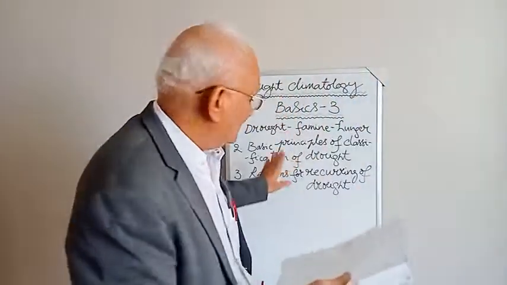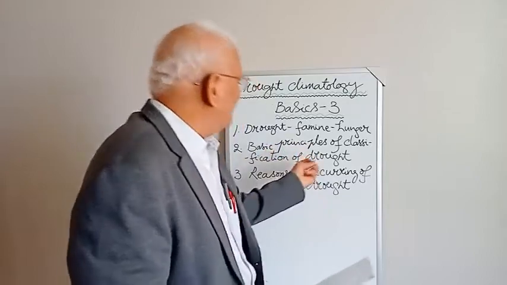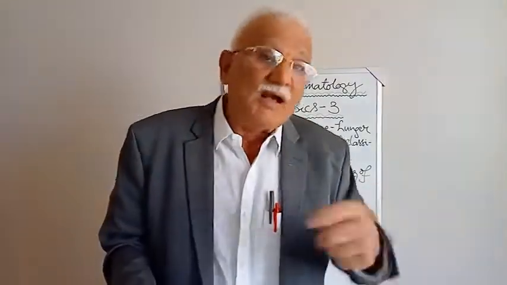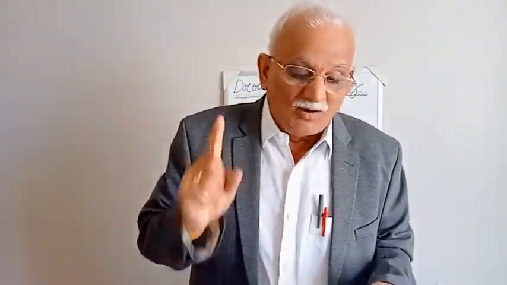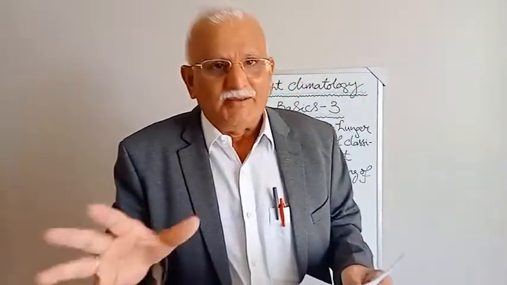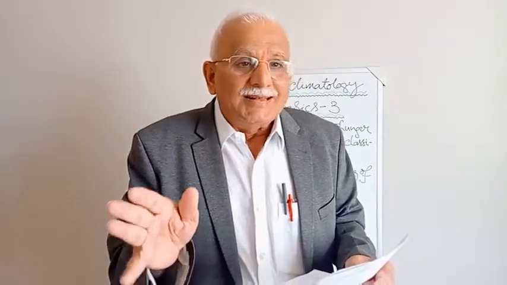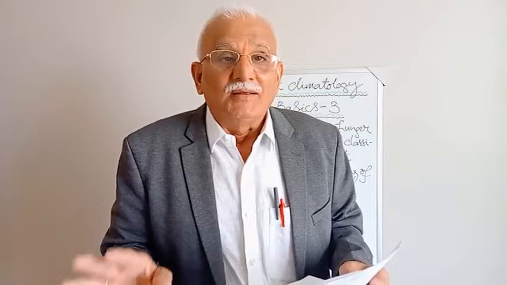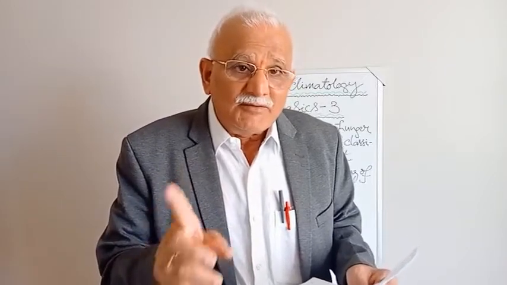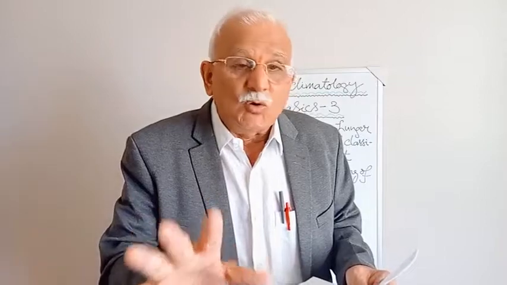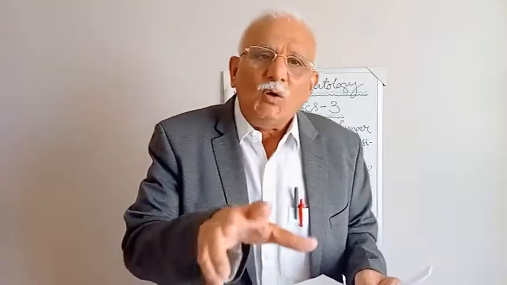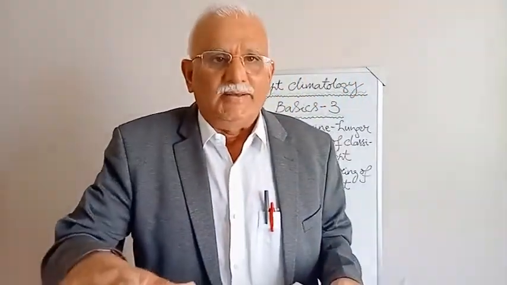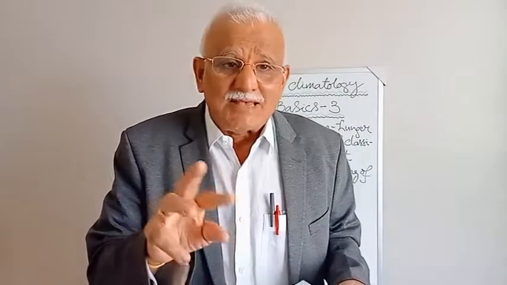I am sharing these basic principles to define drought from the agriculture point of view. Next is a very interesting thing: the cropped area basis. If average rainfall is less than 750 mm, we call these low rainfall areas. In India, 33% of the cropped area is under low rainfall, 750 mm and less.